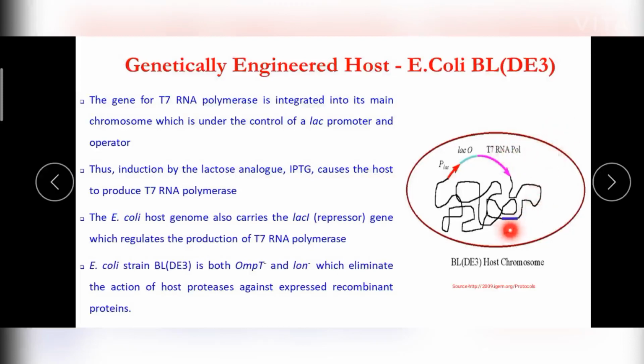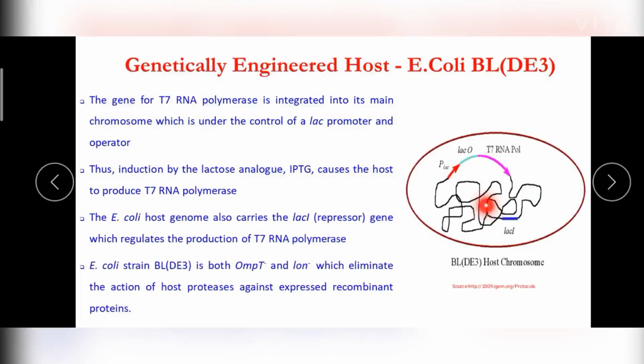The next one is that this particular strain has the ability to eliminate the action of host proteases. The proteases present in this cell are inactive. So when these proteases are inactive, our recombinant protein is safe and stable.